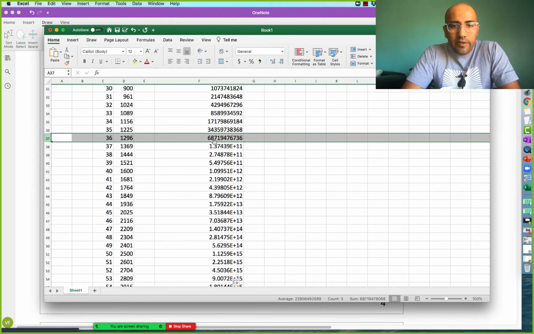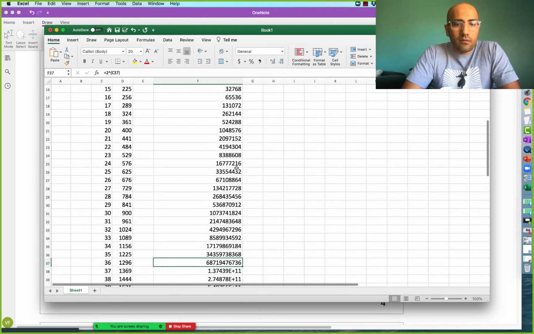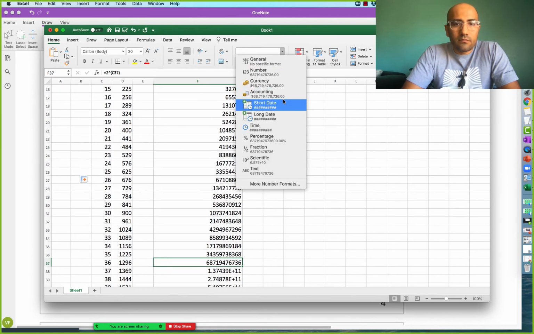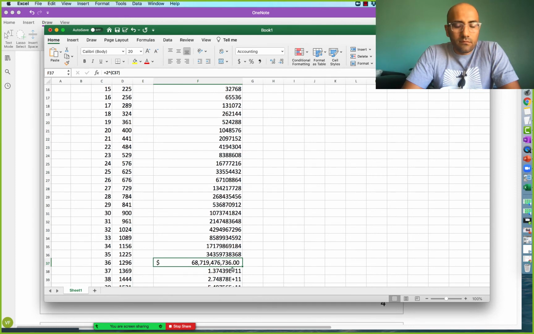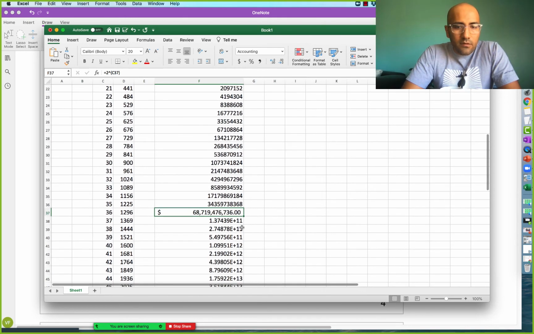Is that 68 billion, 792 million? Oh wait, is that trillion then? I can't tell. I need commas. That makes it easier. Spaces. Okay, so that's going to be millions. Yeah, 68,719,478,736. So in order of magnitude, close to 69 billion compared to 1,296.